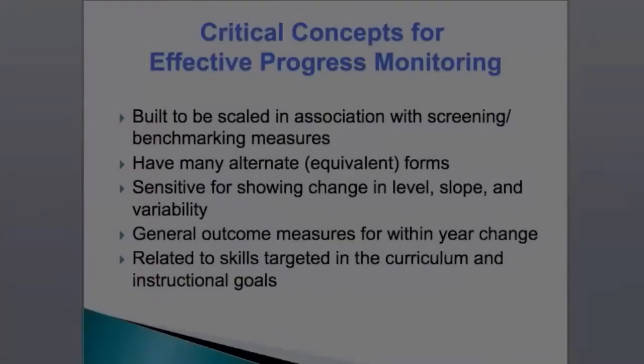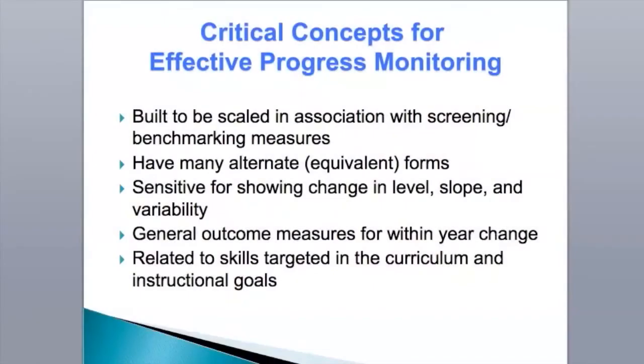Finally, they have been grade banded to reflect the same constellation of skills as are provided in the screening and benchmarking forms. Nevertheless, they are designed for use at any grade level or skill that the teacher has focused the curriculum and instruction. In this unit, we focus on critical concepts for effective progress monitoring.